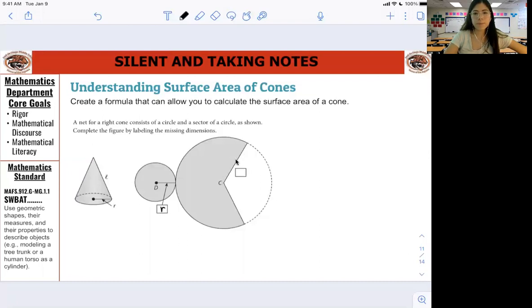What would this be? Try and visualize it. Look at the cone. What is this one referring to? It's not the radius because the radius is this smaller one. Is that an L? L? Yes, exactly.